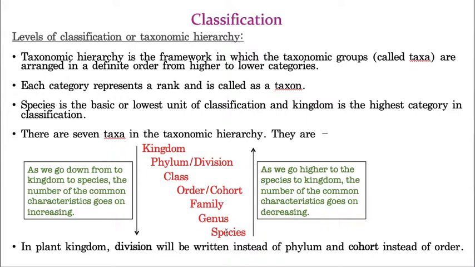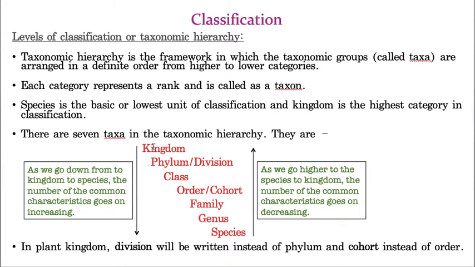One key point you need to understand. What is the key point? When you are starting the classification from kingdom to species, as you go down, the number of similarities between the organisms keeps on increasing. Whereas when you are going from species to kingdom, that means low to up, the number of similarities or characters will be decreasing.